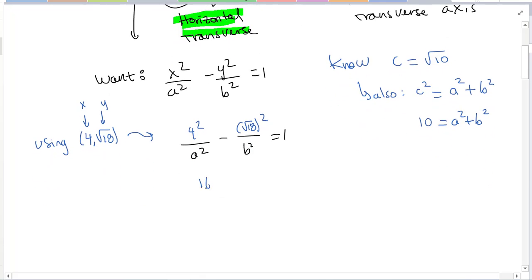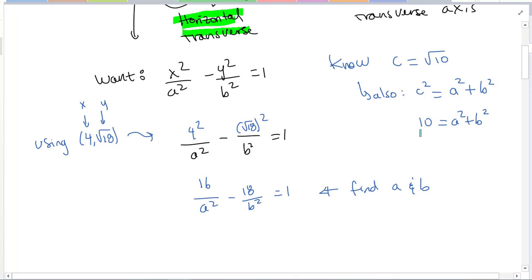And so what do we have? We have 16 over a squared minus 18 over b squared equals 1. My goal is to find a and b. How do I do that? I'm a little bit stuck.